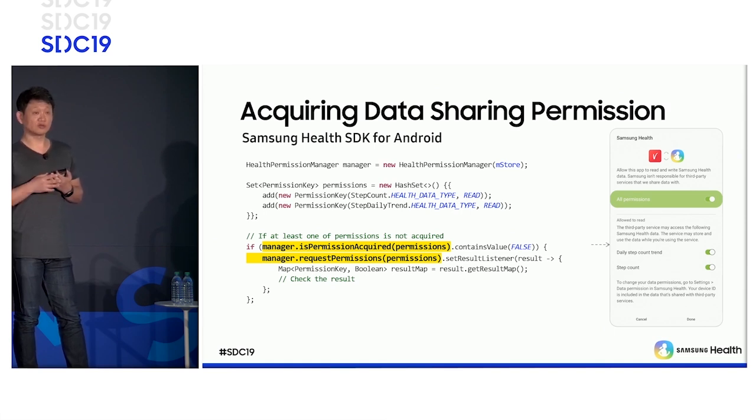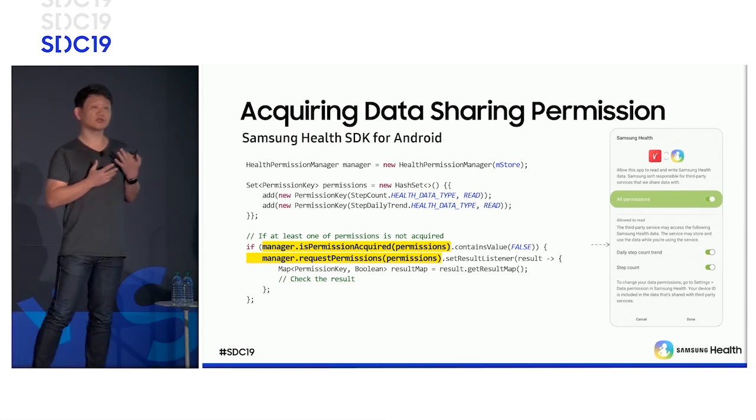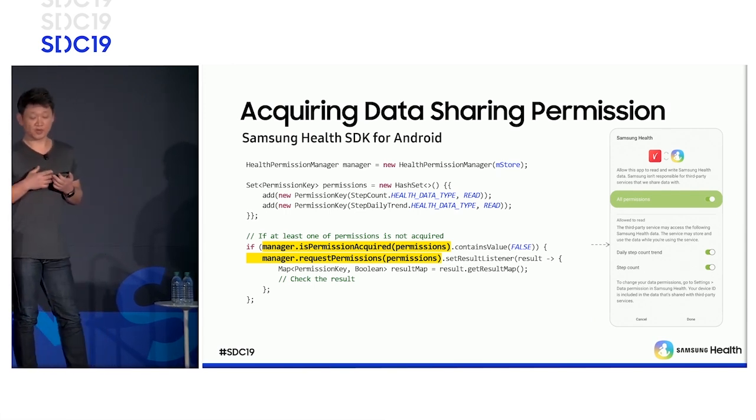The mobile app just calls the permission request API with the required data types to access. That's all. Samsung Health will pop up the permission UI on your mobile application. The user will give the permission to the partner app.